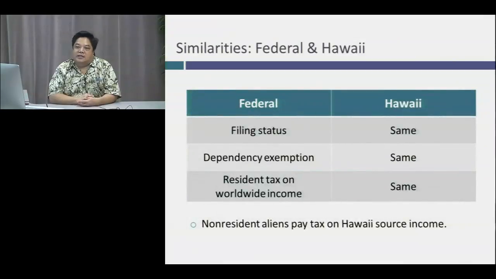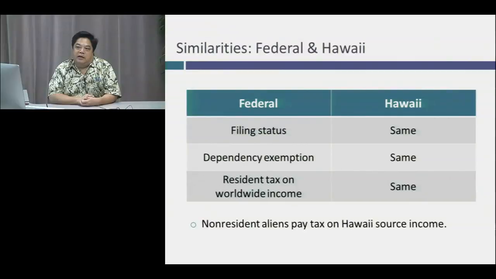So these are the similarities between federal and Hawaii. First of all, for filing, it's the same. If you're married, you still file separately if you're non-resident, but if you're resident, then you can file together. As far as dependency exemption, it's the same.